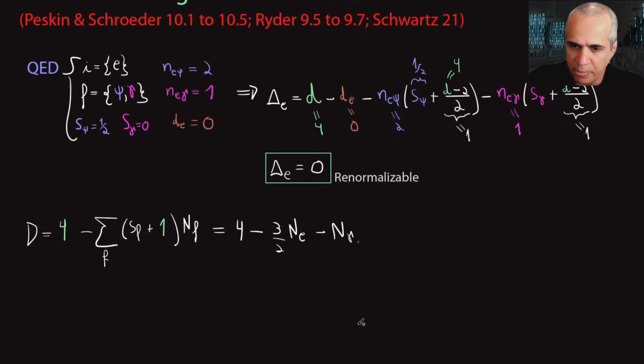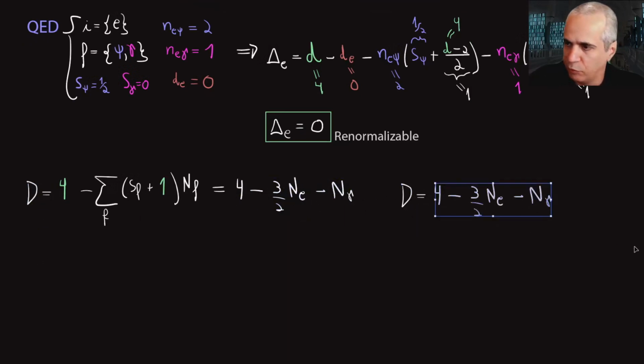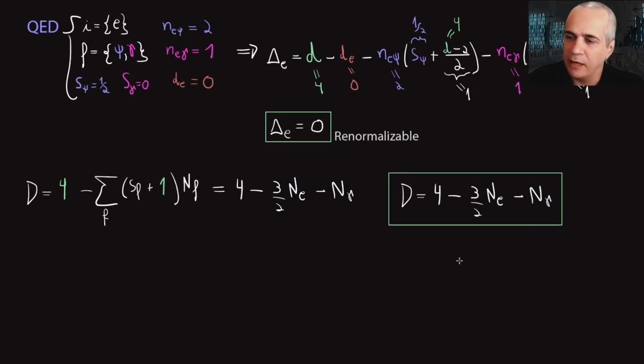So you see, this is the expression I wanted. And it's a very useful one in determining how divergent a diagram is, because all I have to do is now worry about increasing the number of external legs.